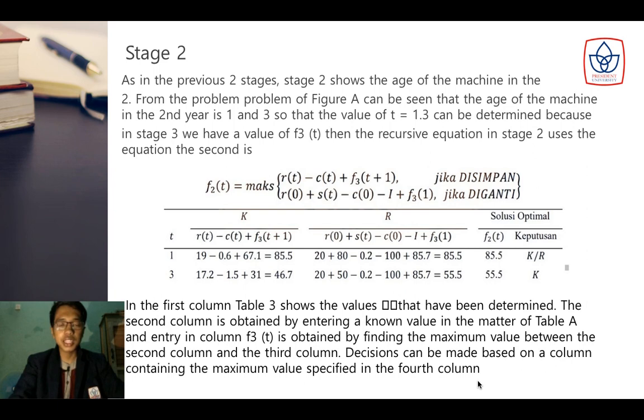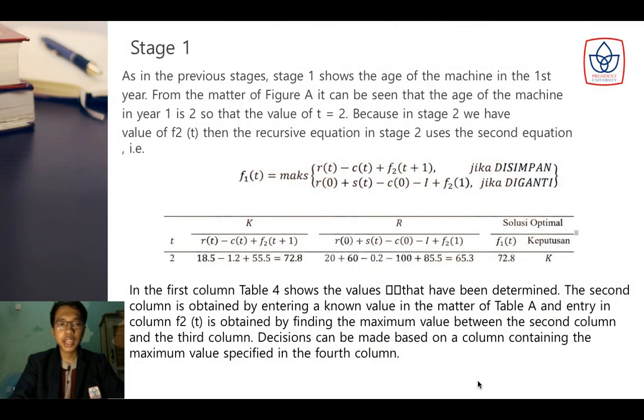The formulation is like this, and you can take a look at the table. In the first column, table 3 shows the values that have been determined. The second column is obtained by entering a known value from table A, and the entry in column F2 is obtained by finding the maximum value between the second column and the third column. The decision is based on the column containing the maximum value, specified in the fourth column.